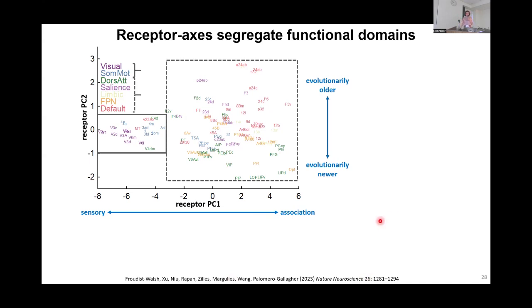And all the areas on the right are from the cognitive domain. And within the cognitive domain, on the top right, we have coded in red areas of the default mode network, and at the bottom of this square coded in green, we have areas of the dorsal attention network. So basically, we are separating sensory from cognitive areas. And we are also separating areas with an internal focus and an external focus.